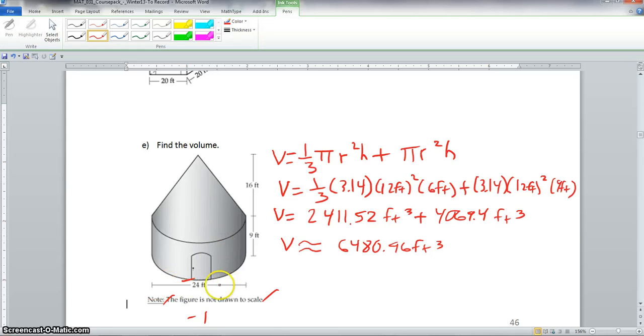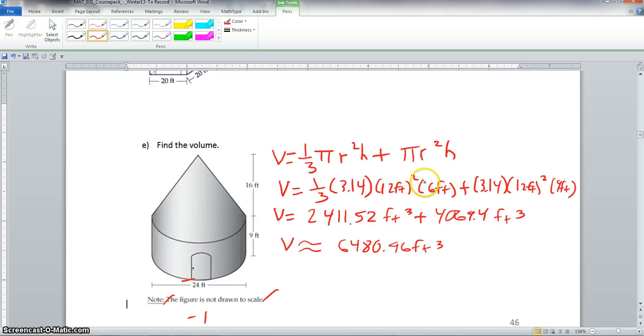Now remember, our radius is half our diameter. And we also have 6 feet here, which happens to be our height. Now if you look here, from here all the way down to the bottom is actually supposed to be 16. Oh, I made a little error here. This height here is supposed to be 9 feet. So I need to make one quick little change.